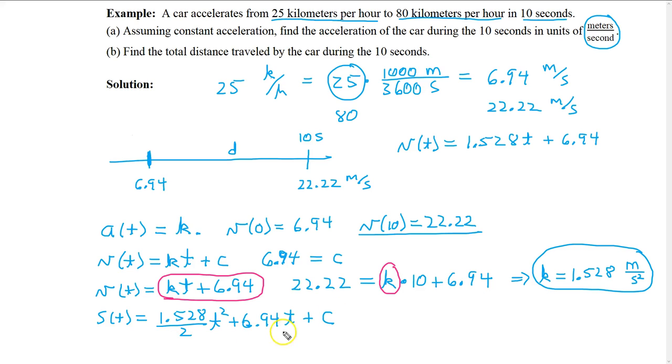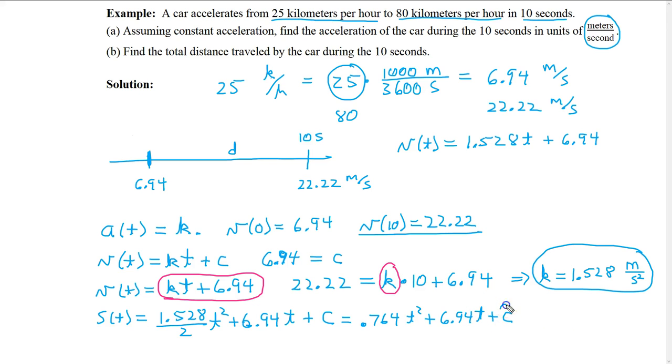Notice the derivative of this function will give us back our velocity. And we can clean this up a little bit if we evaluate 1.528 over 2, that is 0.764 t squared plus 6.94t.